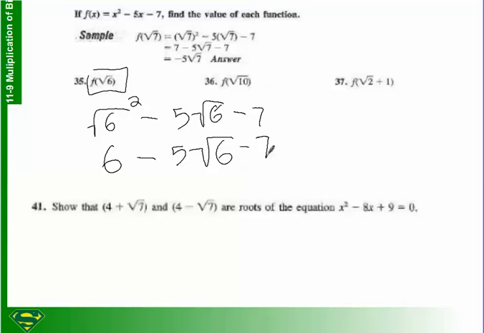So we have negative 7 and 6 over here. Negative 7 plus 6 is going to be negative 1. So our final answer is going to be negative 1 minus 5 square root of 6.